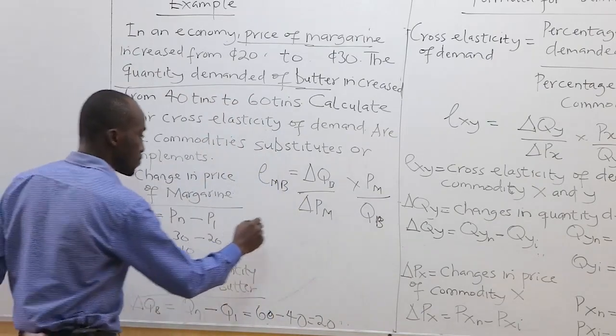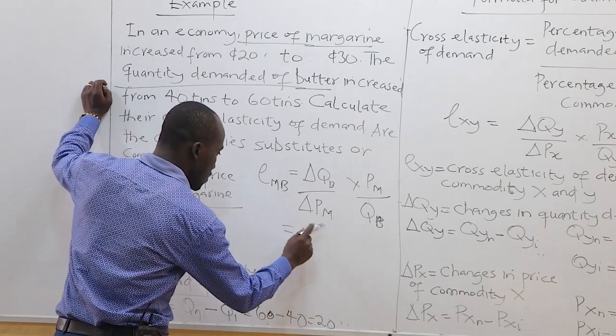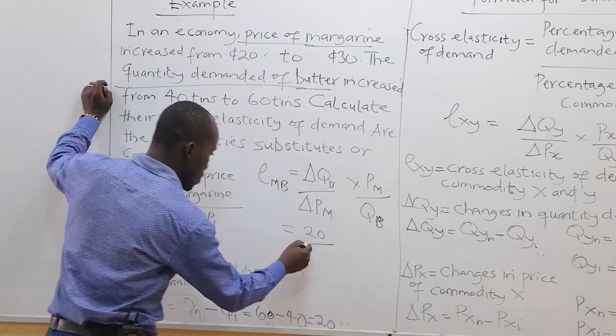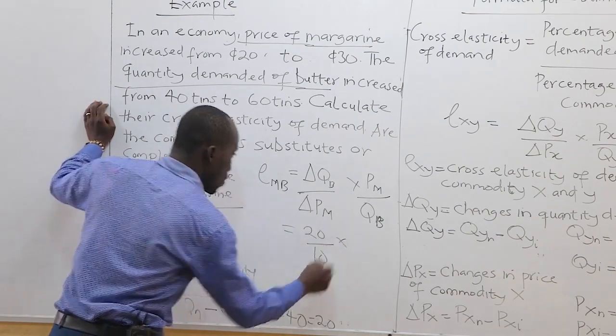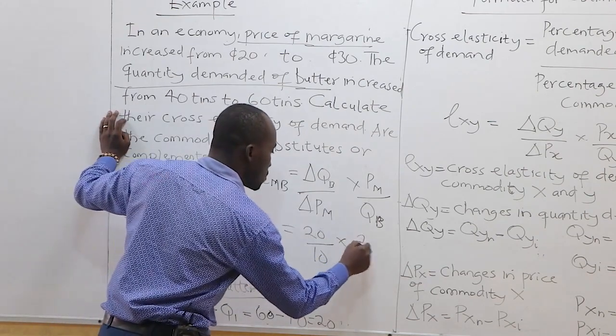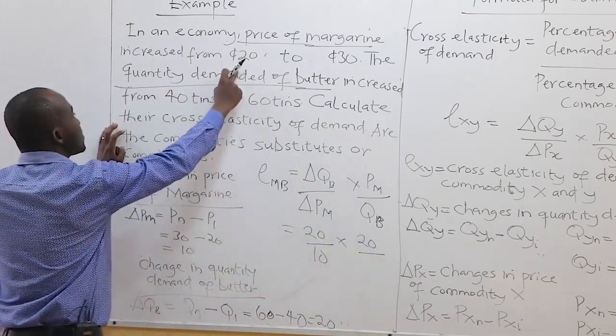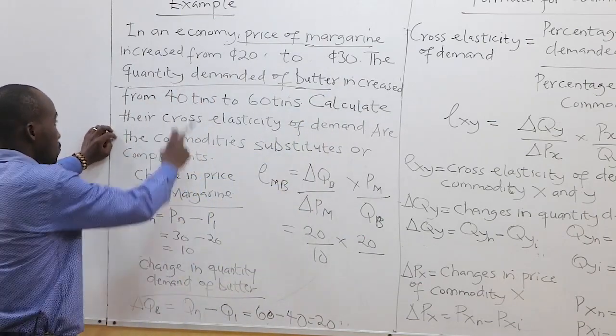So what is the change in quantity? 20. The change in price is what? 10. The initial price is 20; it moved to 30. The initial quantity demanded was 40; it moved to 60.